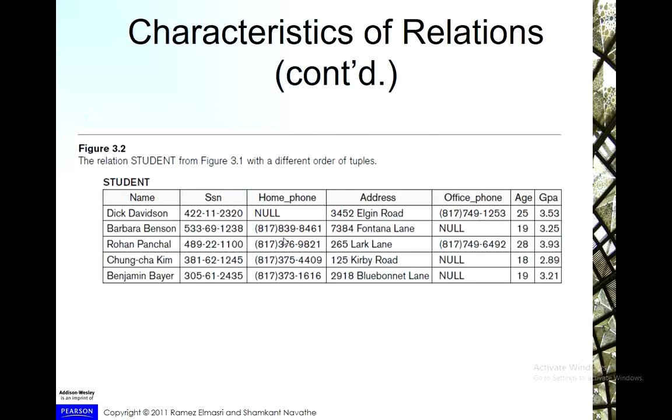For example, here this name, Dick Davidson, will create a problem if I have to implement it in a database design. Why? Because if I would like to search by last name, it's going to be very difficult to extract a specific attribute because there is no last name here. There is a name, which is a full name, but there is no last name.